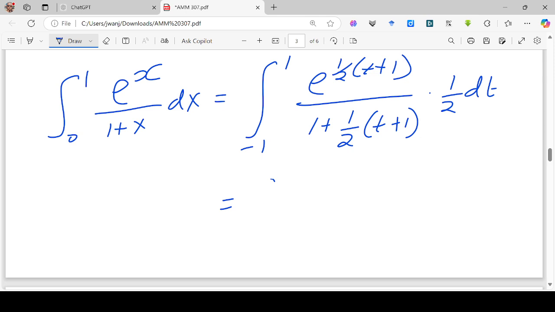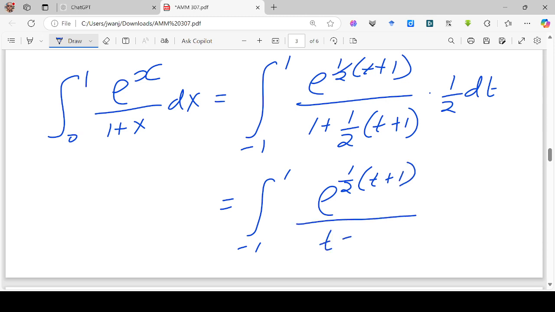If we simplify this, we get the integral from -1 to 1 of e raised to power a half times (t plus 1) divided by (t plus 3) dt.